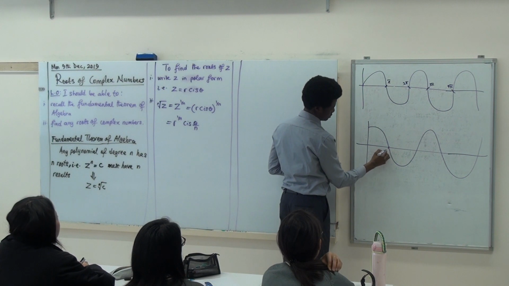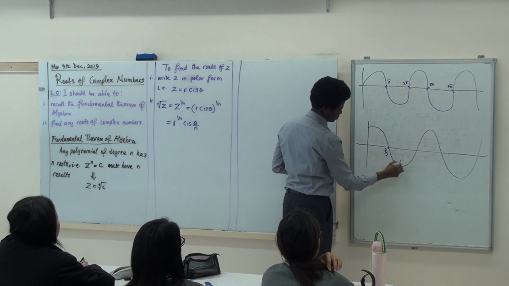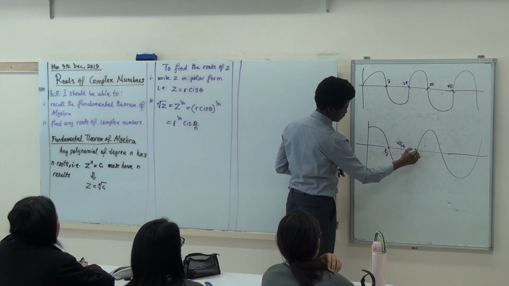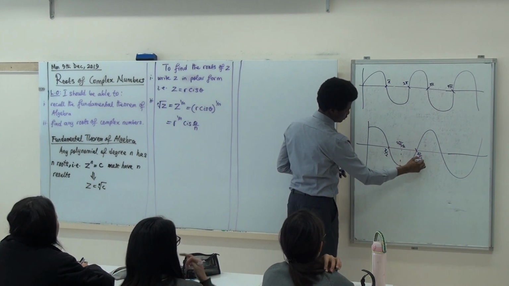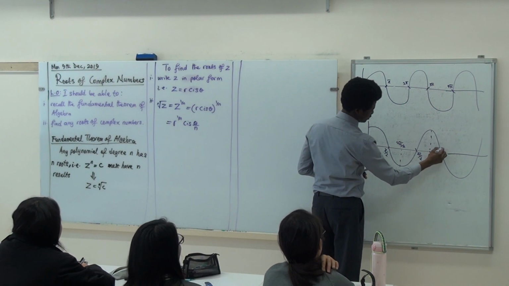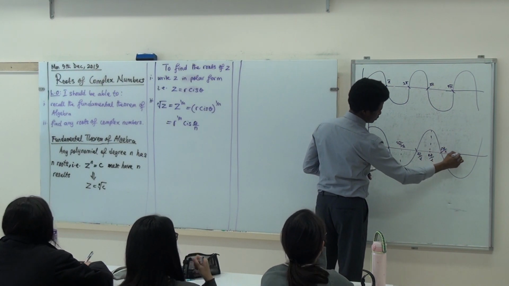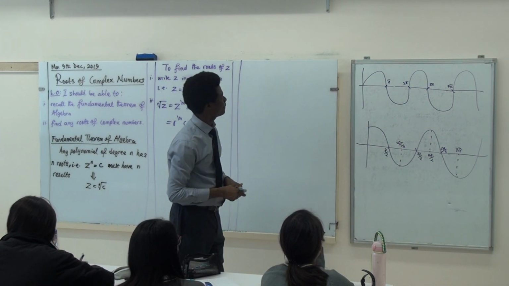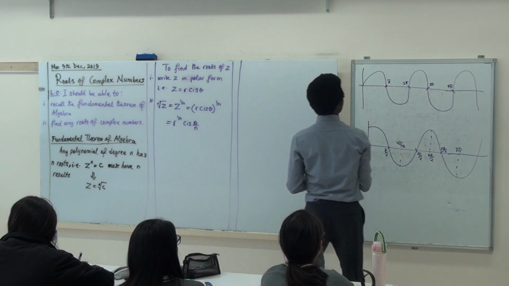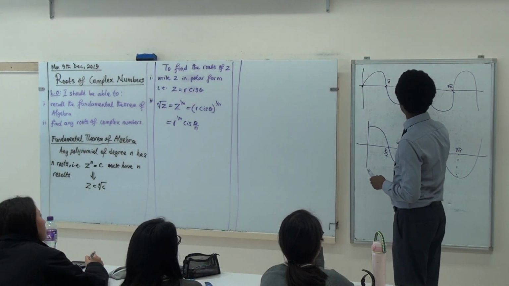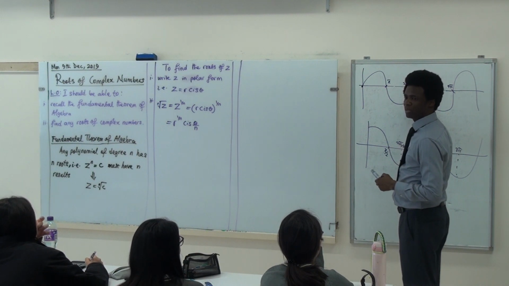That's pi over 2. 2 pi over 2, which is pi. This is 3 pi over 2. This is 4 pi over 2, which is 2 pi. This is 5 pi over 2. This is 6 pi over 2, which is 3 pi. You could see that for every 2 pi, you are coming back to the same.